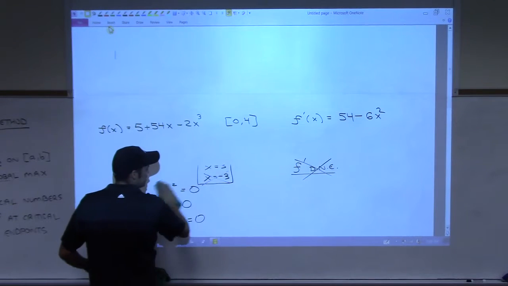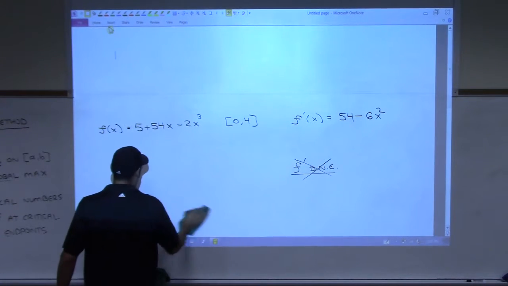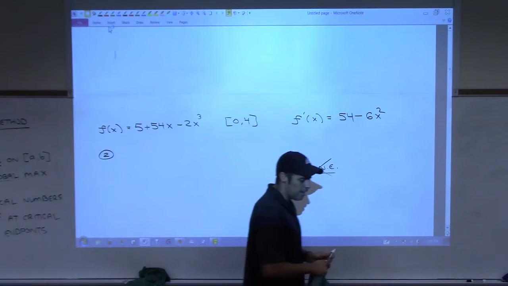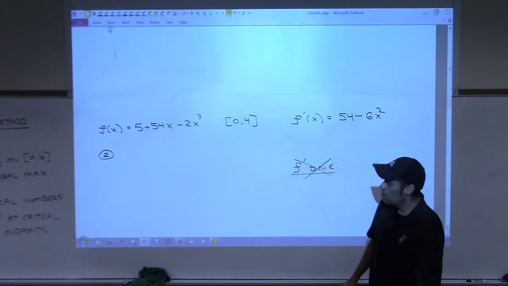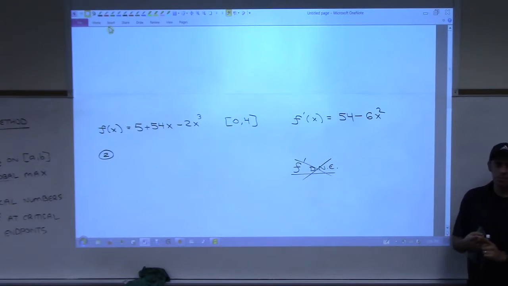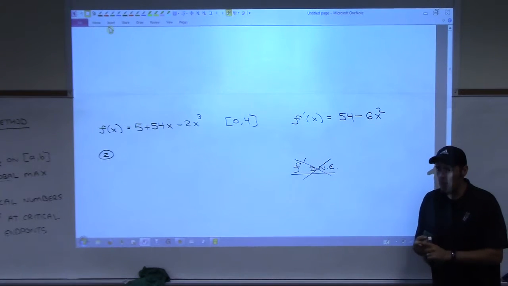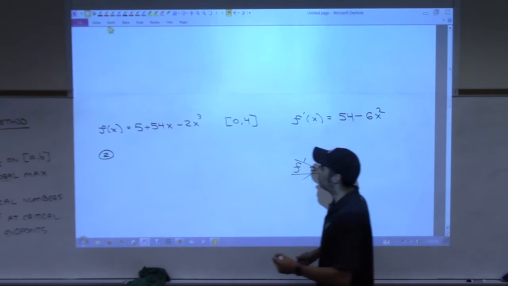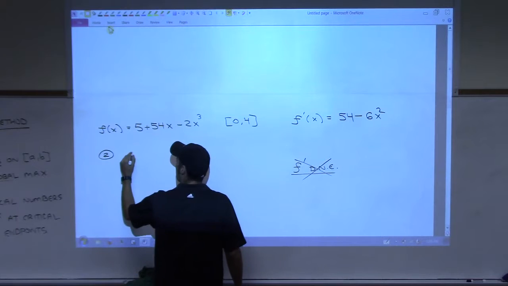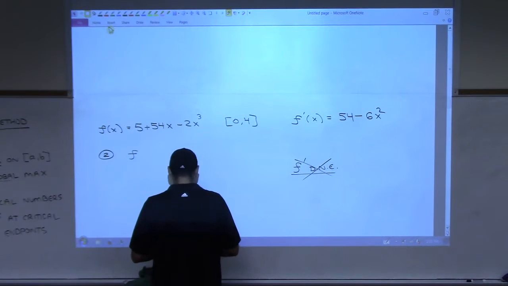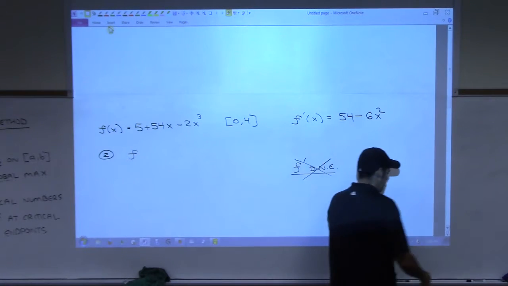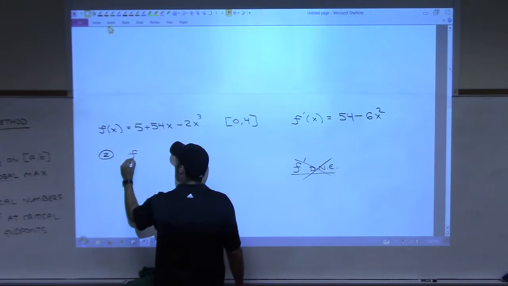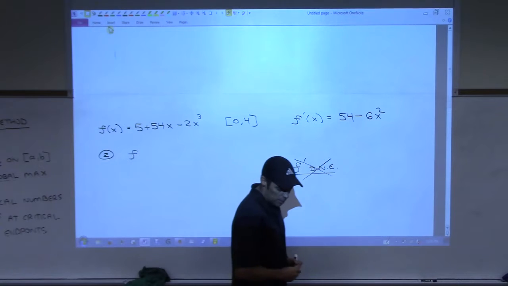I think the book does this in 3 steps, but it's really just 2 steps. What am I going to do now? Plug the critical number into the original function, plug the endpoints into the original function, and compare them. So it doesn't matter what order you do this in. I'm going to take my original function and plug in. You can do them in order if you want, but again, it doesn't matter.